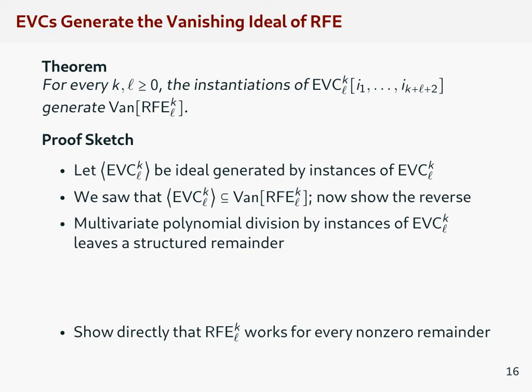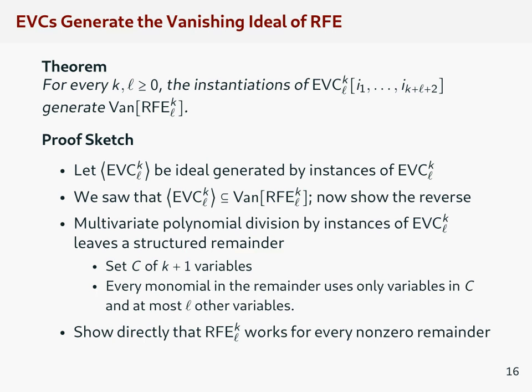So any polynomial in the vanishing ideal, when we do this division, has to have a 0 remainder and therefore belongs to the EVC ideal. Just a brief note on what this structure is. There's a set C of k plus 1 variables, and every monomial in the structured remainder uses only variables in C and at most L other variables.